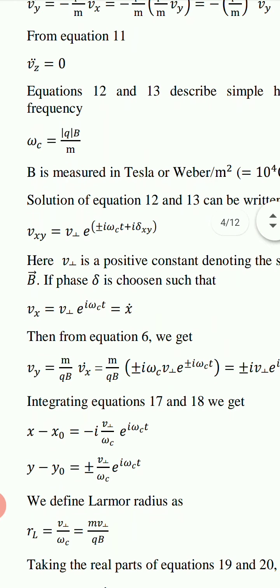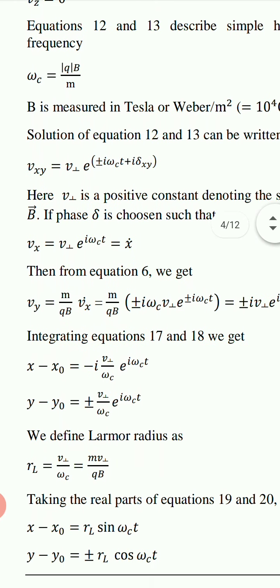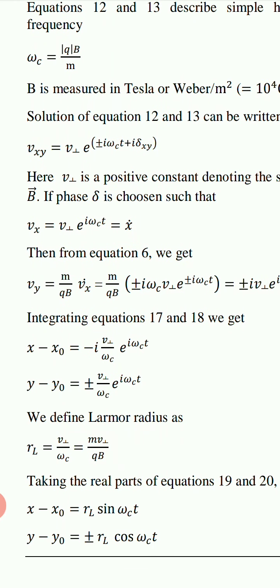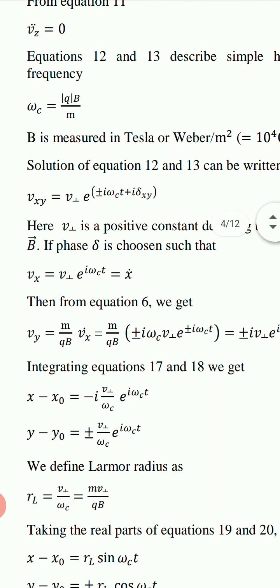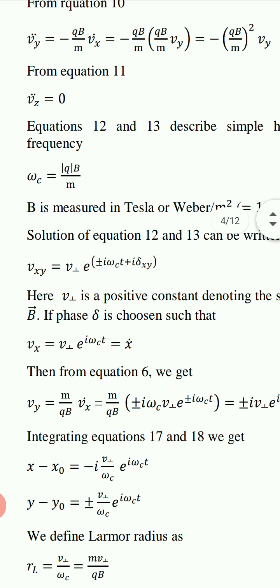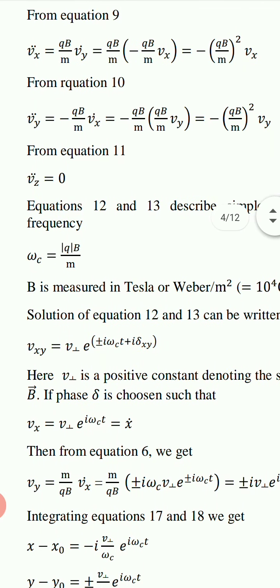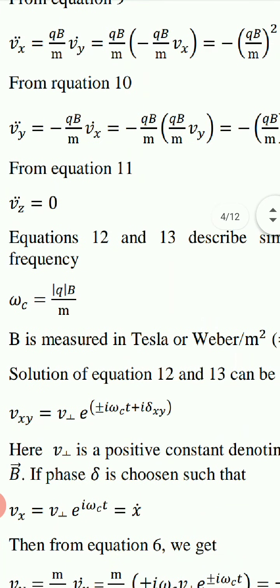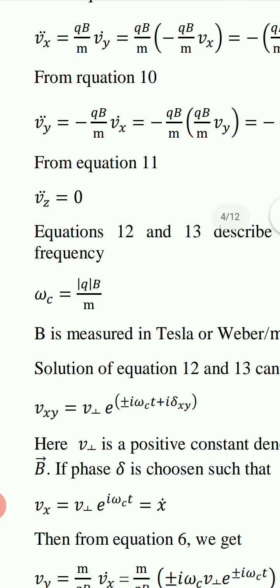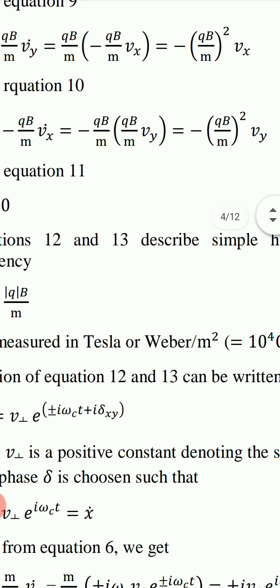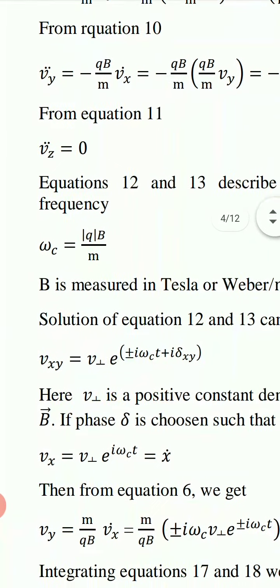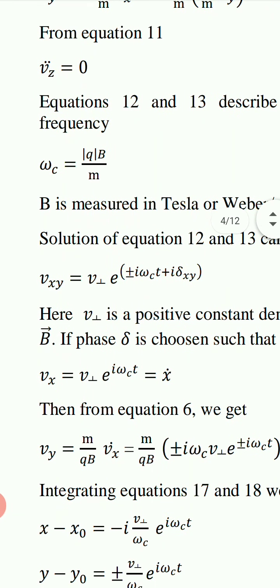We can write the solution of these two equations as follows. Vx is the solution of equation 12, that is, for vx double dot. The solution of this equation is vx equal to v perpendicular, which is some constant, times e to the power plus minus i omega c t.